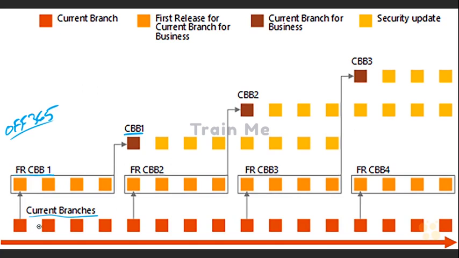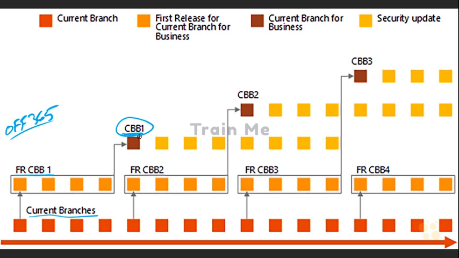Now, the current branch that we have down here is going to be the default update branch for things such as Visio Pro for Office 365, Project Pro for Office 365, and Office 365 Business, such as Business Premium. Okay, the current branch for business, right up here, I'm skipping up here, that's going to be the default branch for Office 365 Pro Plus.